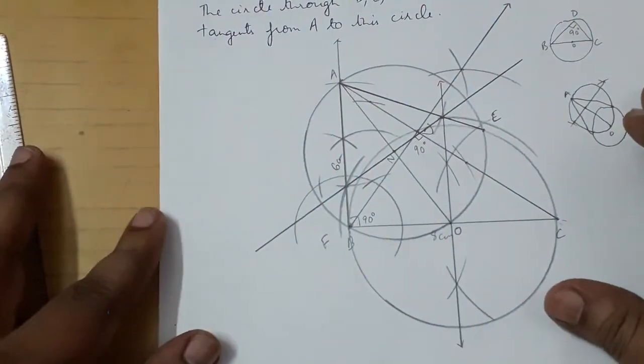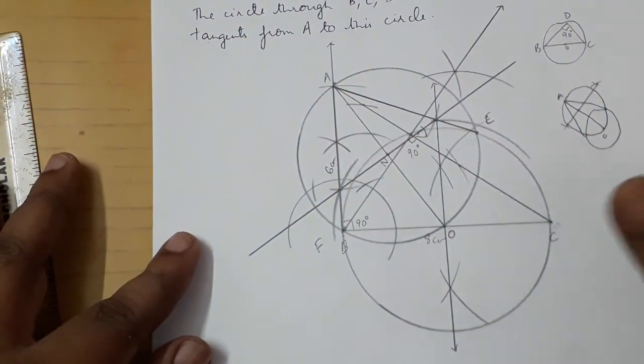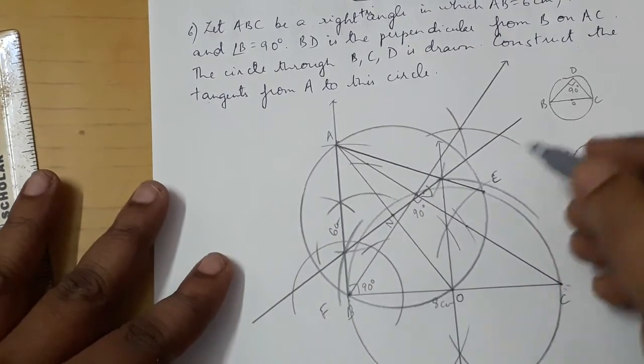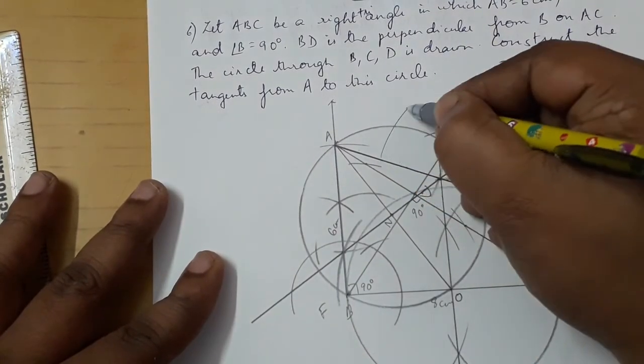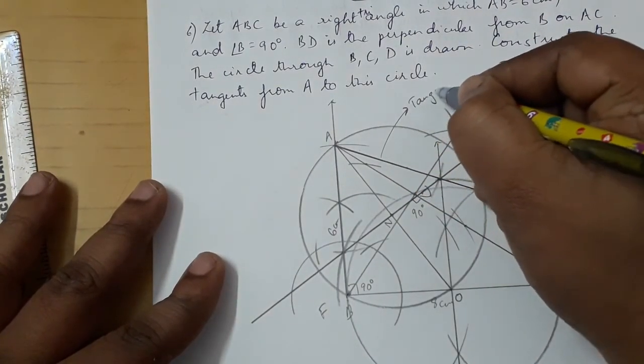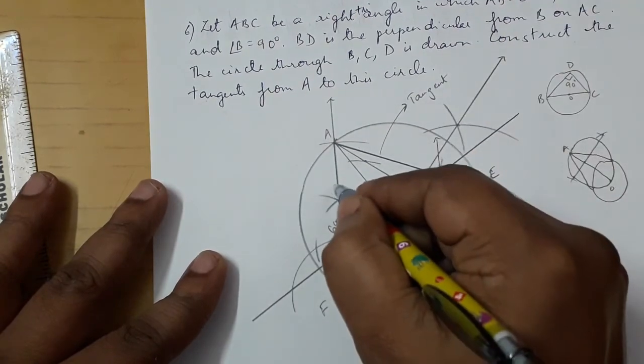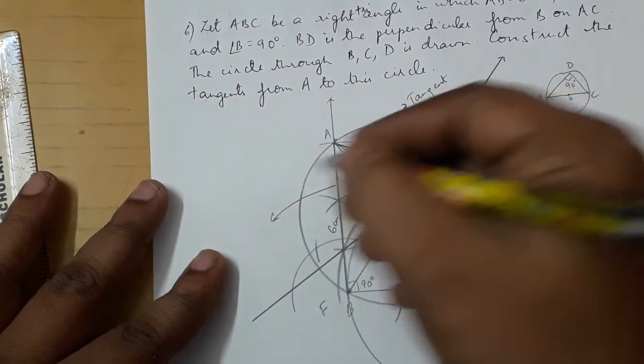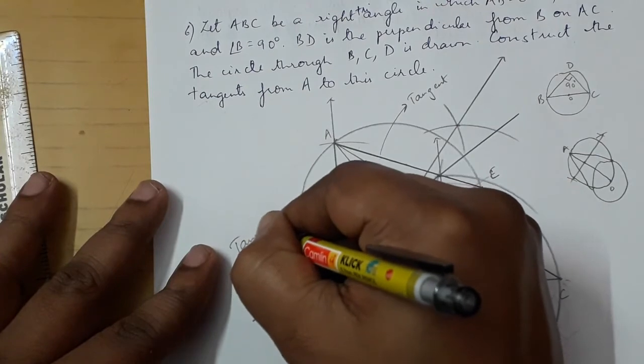Okay, and you can see them now more visible. So these are our tangents. This is one tangent, and we have another tangent.